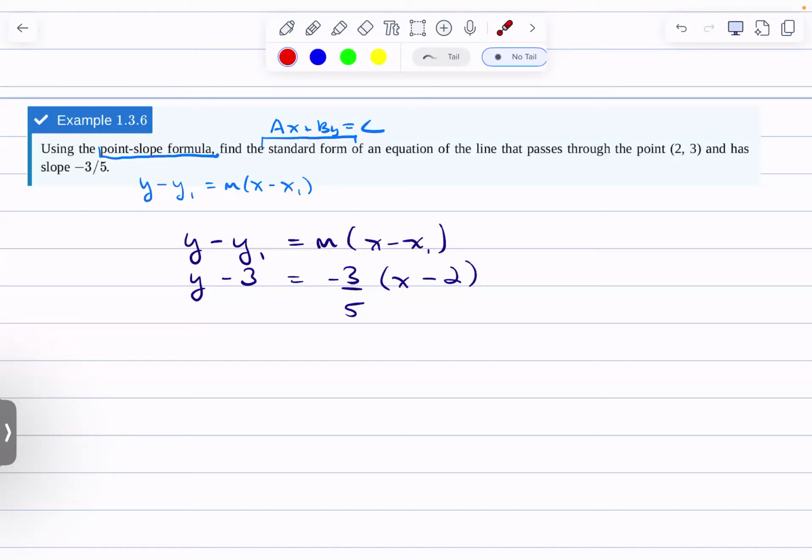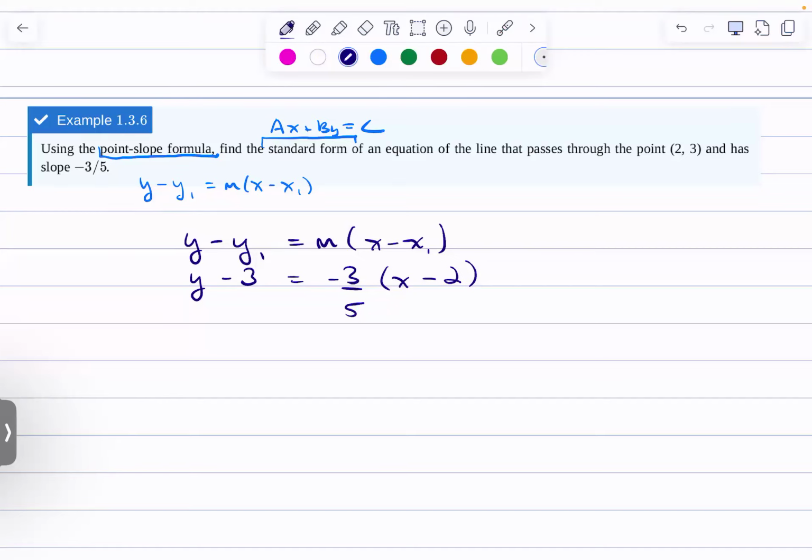Negative 3 over 5 is being multiplied by x minus 2. If I treat y minus 3 as one thing, to get rid of this 5, I could multiply both sides by 5, and then it would cancel.